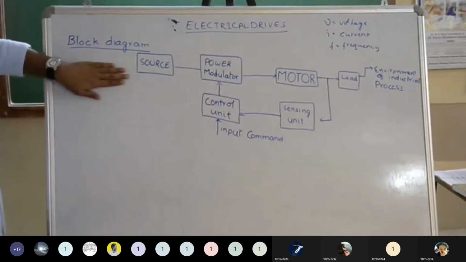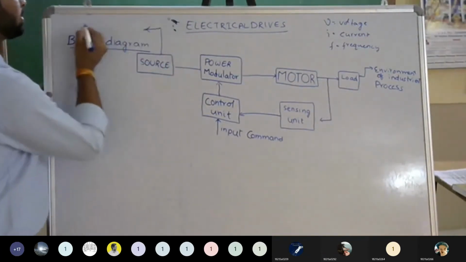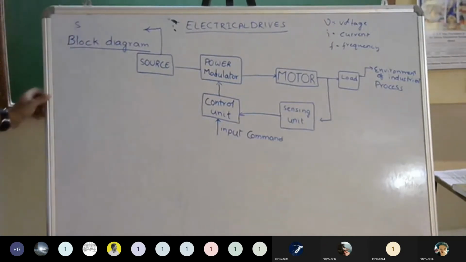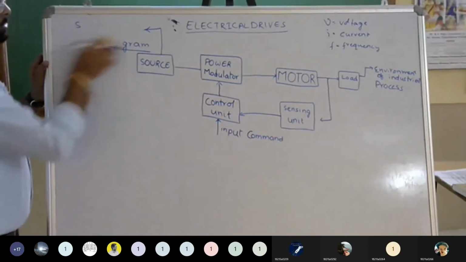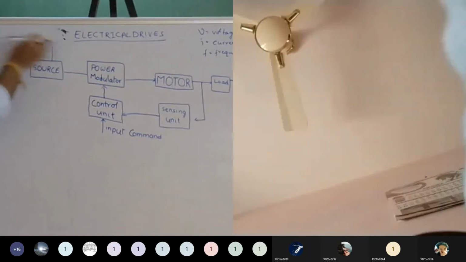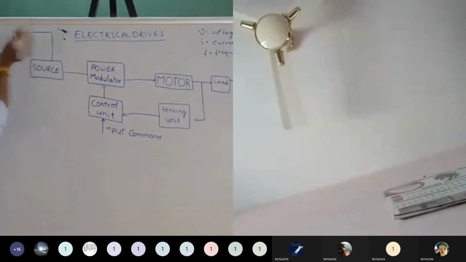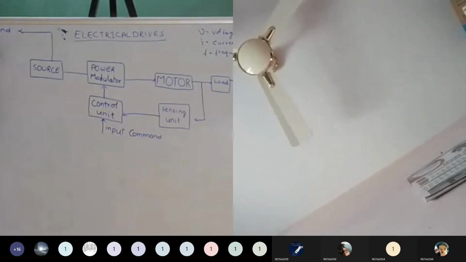And what about the source? I'm removing the words block diagram so that it will be easy for us. What will the source do? It will depend upon the availability.